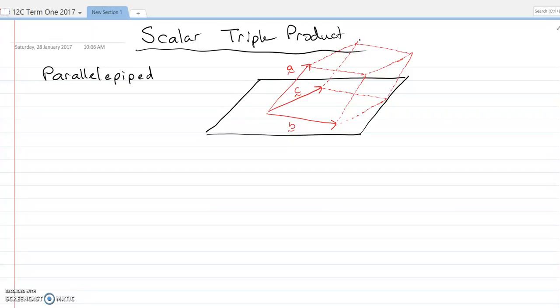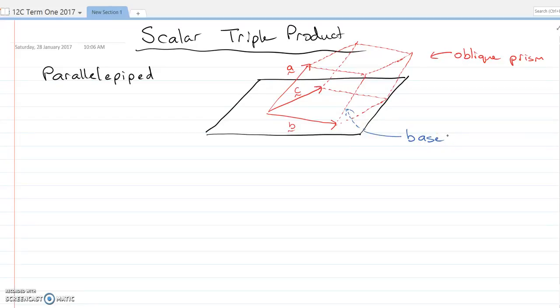Okay, now this is basically a prism. This is an oblique prism. An oblique prism is one in which the base, so in this case, my base would be this bottom parallelogram. Okay, so this is my base, the parallelogram on the bottom.